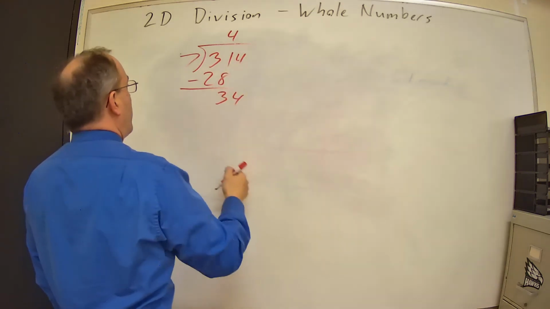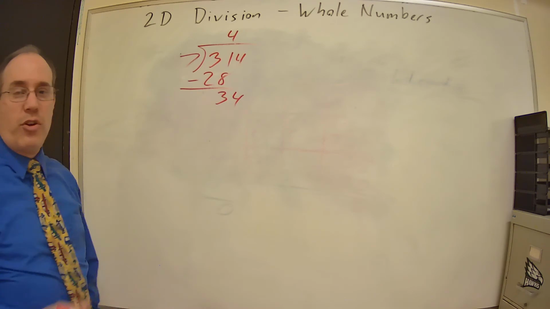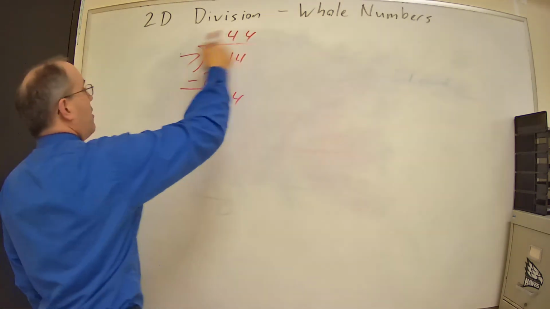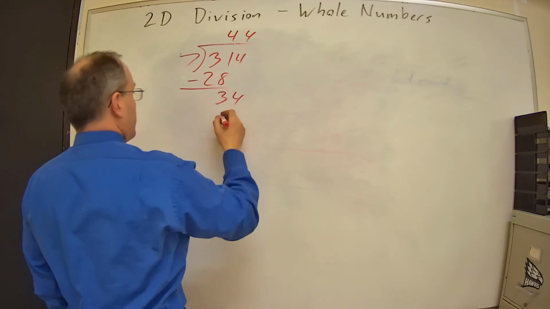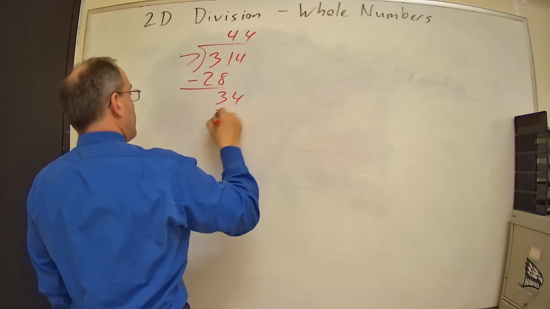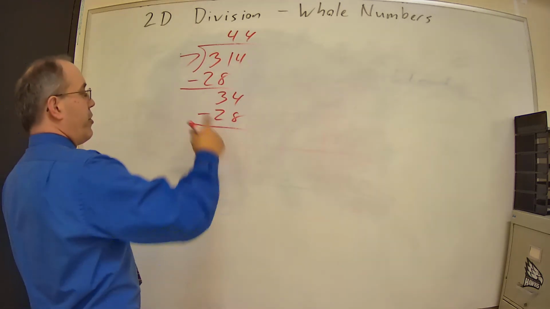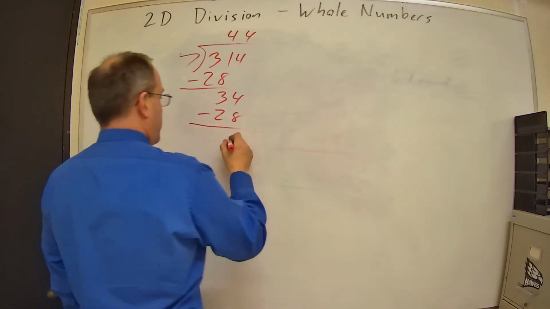Bring down the 4. How many times does 7 go into 34? 4 times. 4 times 7 is 28. 34 minus 28 is 6.